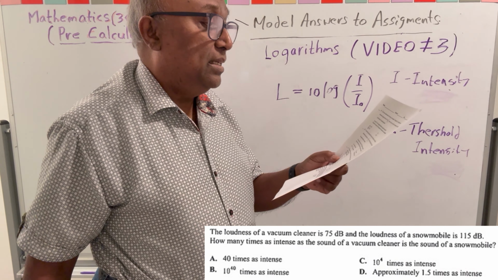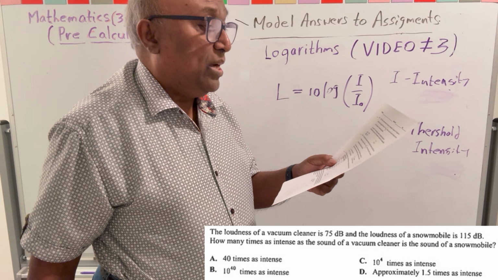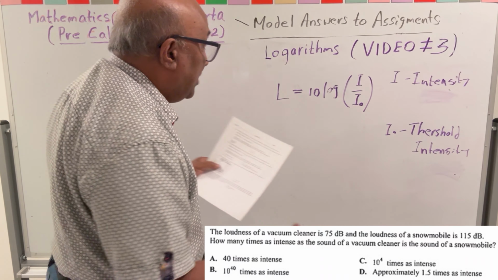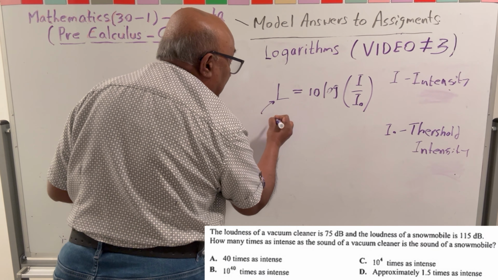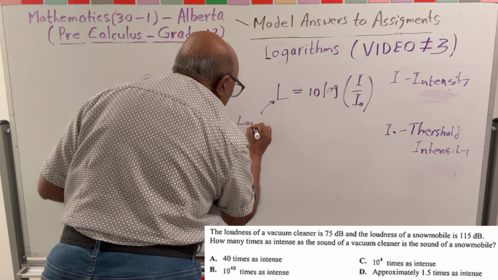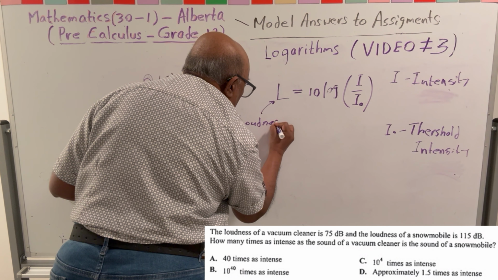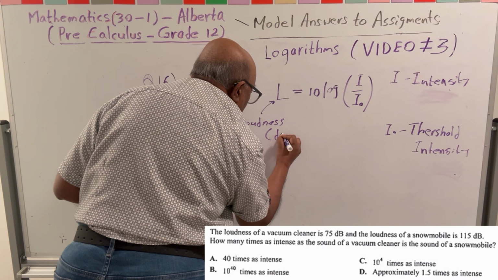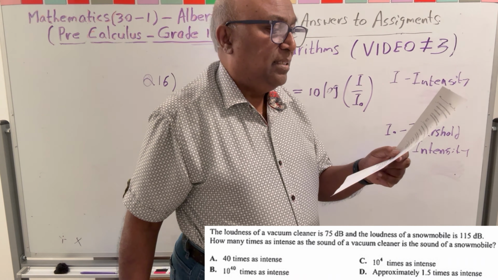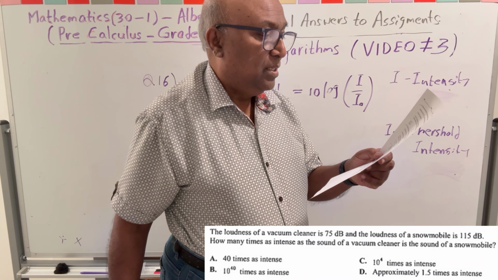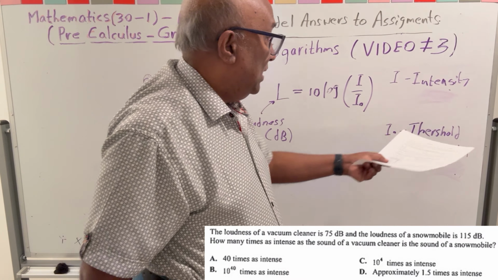Actually, they have mentioned the loudness. The unit of the loudness is decibel. Loudness is measured in decibels. For the intensity of the sound, they have not actually given the units.